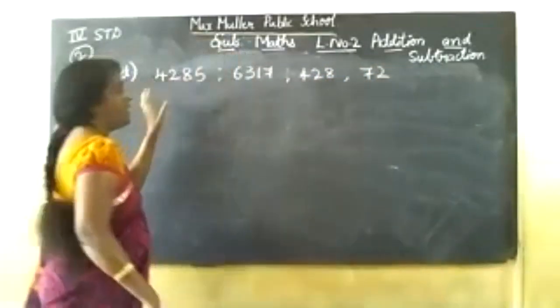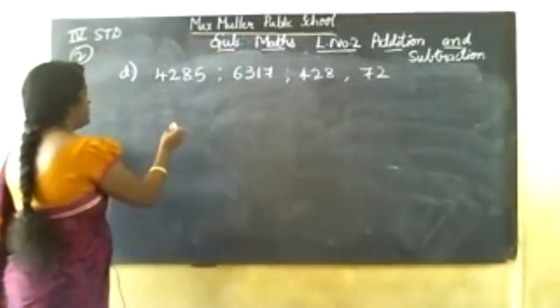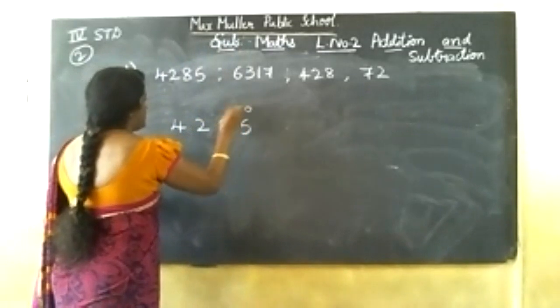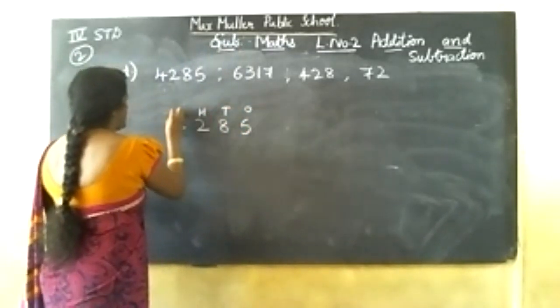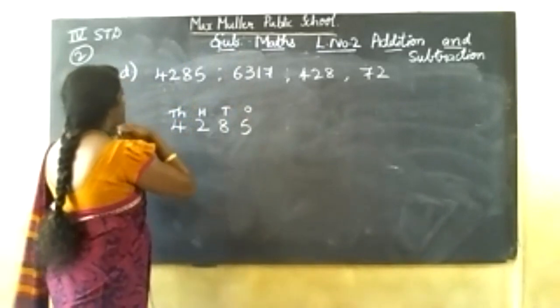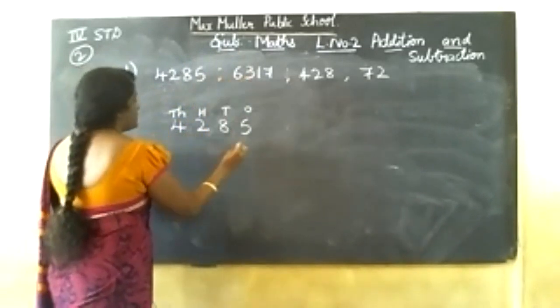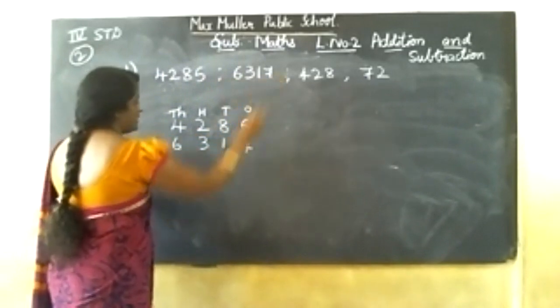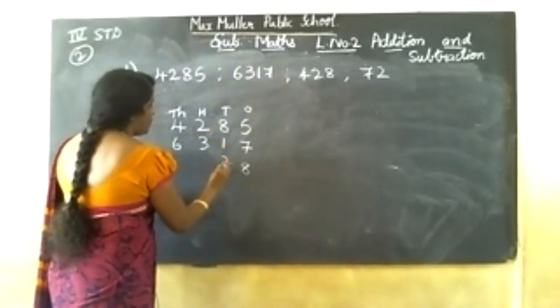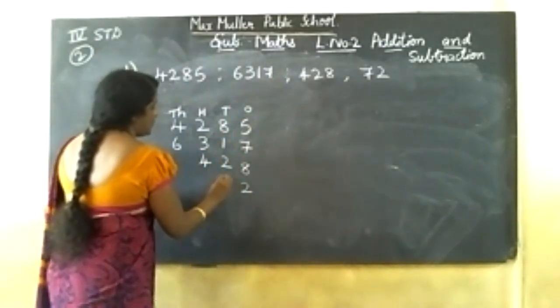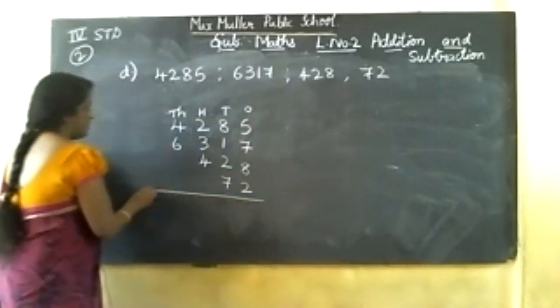Others and all, just you practice, children. 4, 2, 8, 5. Ones, tens, hundreds, thousand. 4-digit number, that's all. When you do a 4-digit number, the next is 4-digit only. 7, 1, 3, 6. Next is 8, 2, 4. Next is 2-digit, 2, 7. Addition.